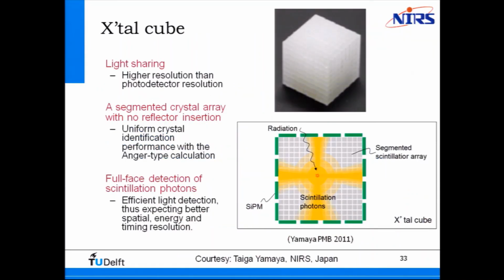And then a development that comes from Japan, I think, is very interesting. This is an approach that is investigated at NIRS near Tokyo in Japan by Yamaya's group. And what he does is basically, by laser engraving, he structures the monolithic scintillator into a three-dimensional array of very tiny cubes, and each of those cubes is about 1 millimeter.